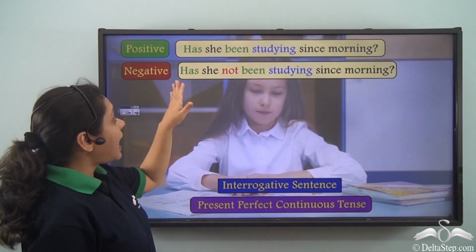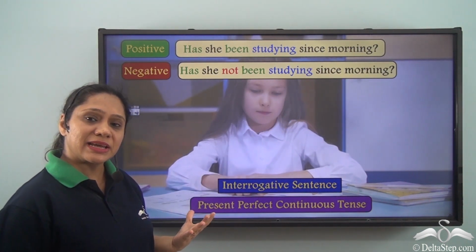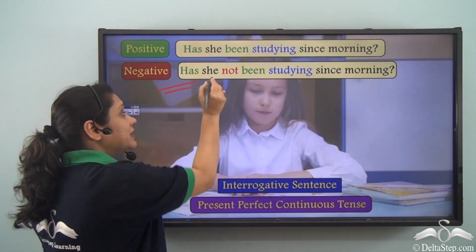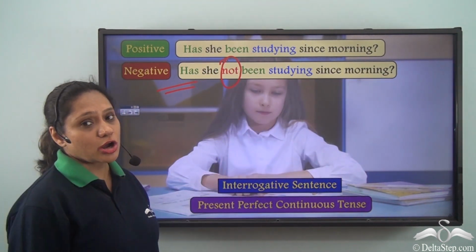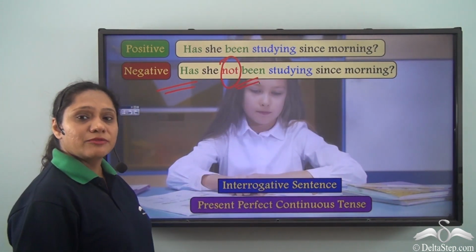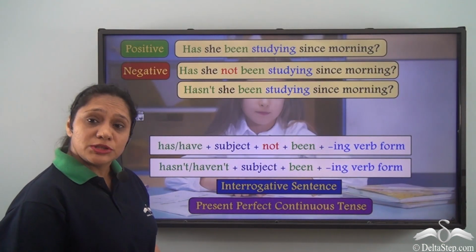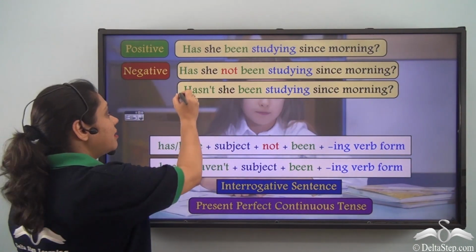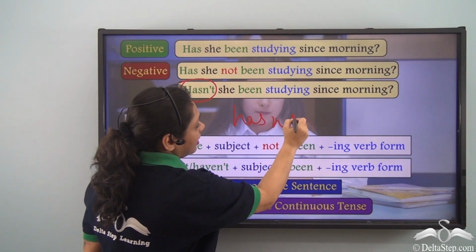Now if we say, has she not been studying since morning, that is also an interrogative sentence portraying the same tense, but here this is a negative interrogative sentence because we have included the negative word not, and we have included this word before the second auxiliary verb been. Now the negative interrogative sentence can also be written as, hasn't she been studying since morning? What have we done here? We have used hasn't, which is the contracted form of has not.